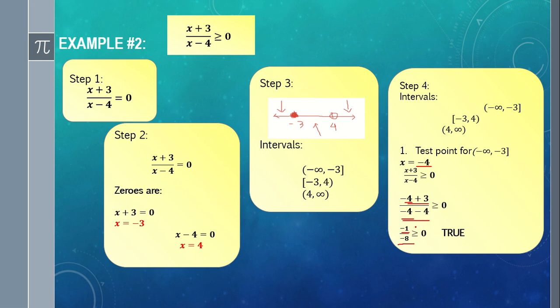And negative 1 over negative 8 is equal to 1 over 8. Okay, for you not to be confused, because negative divided by negative is a positive value. And 1 over 8 is greater than or equal to 0. Yes, it is true because 1 over 8 is bigger than 0.